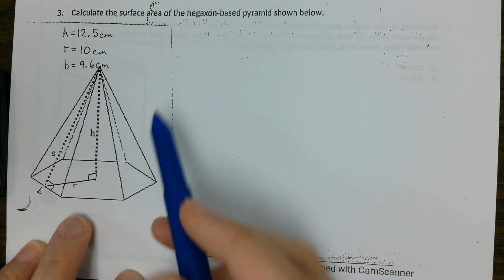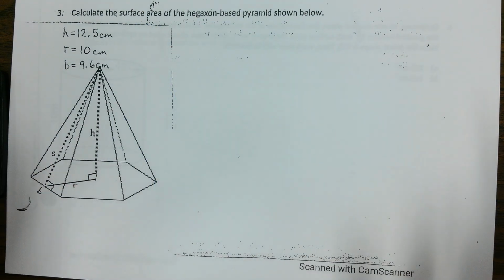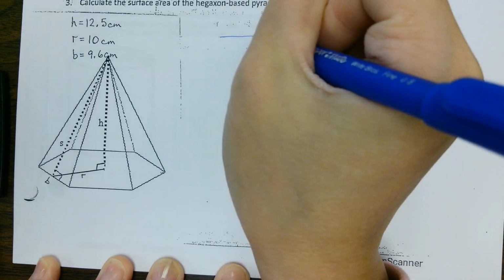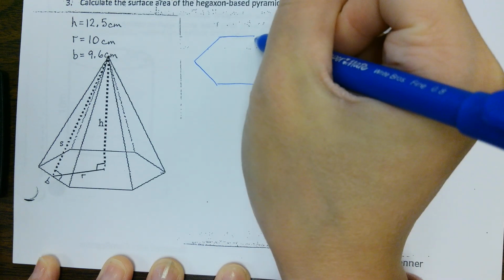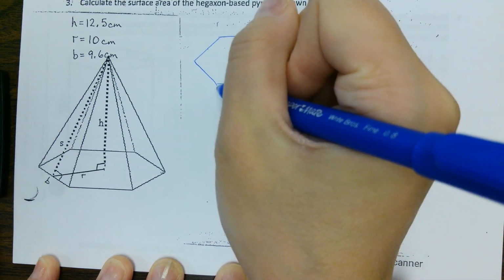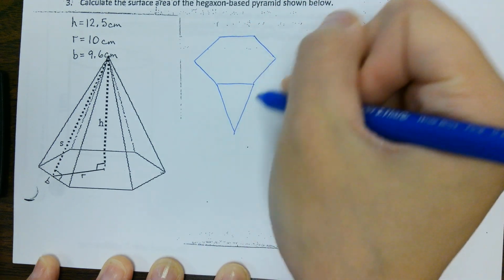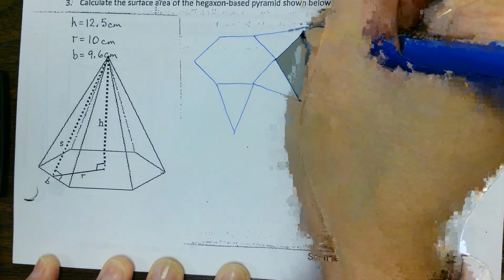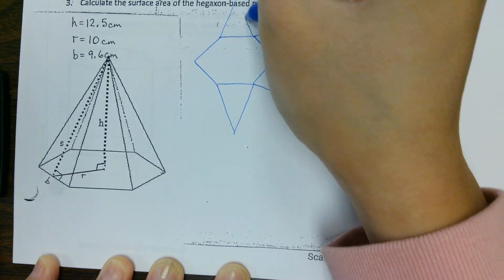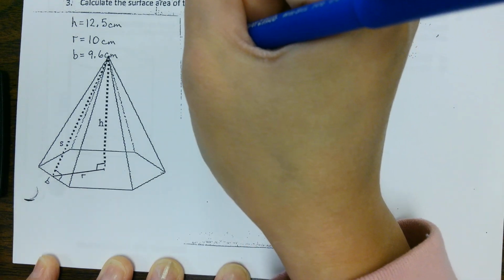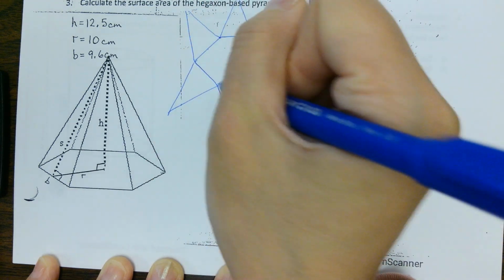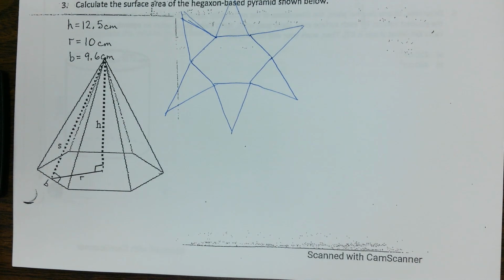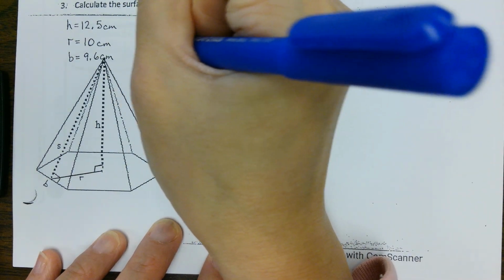But surface area means when you unfold it, let me draw the net. You have triangles. Okay, so these are called nets.